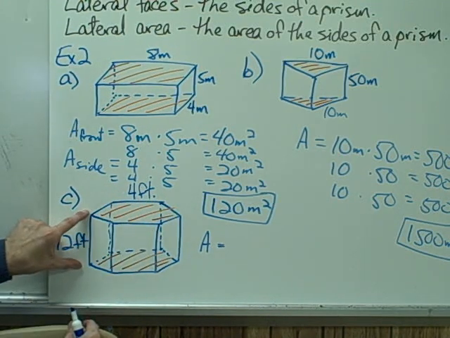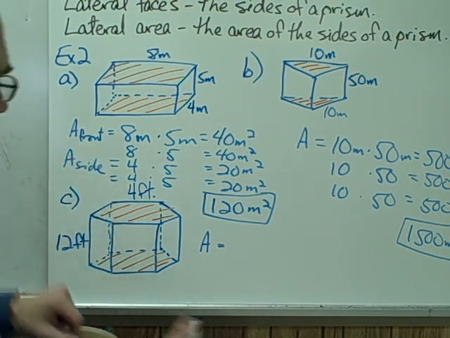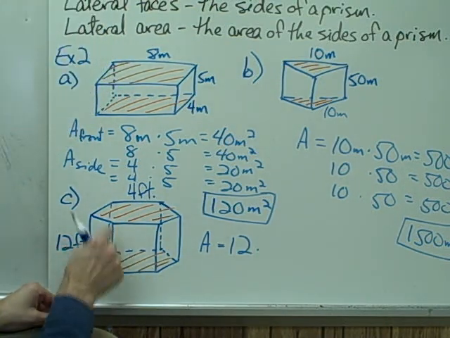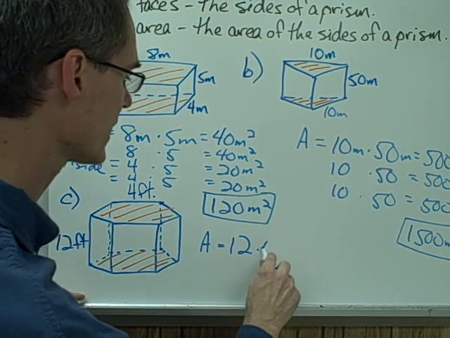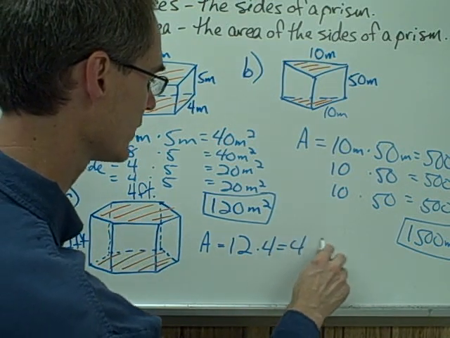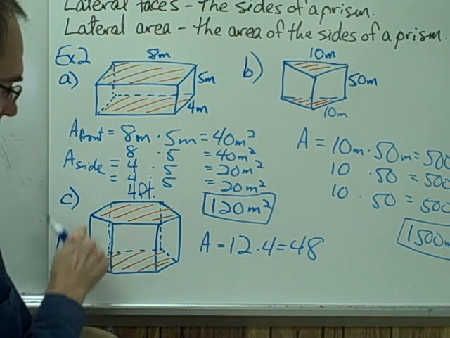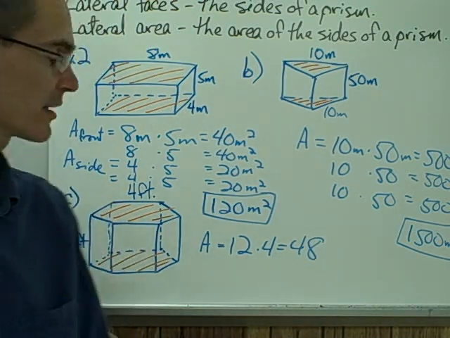So the height here is 12, the distance there is 4, so the area of one of my rectangular sides is 12 times 4, which is 48. So that's the area of one of my rectangular sides of my hexagonal prism.